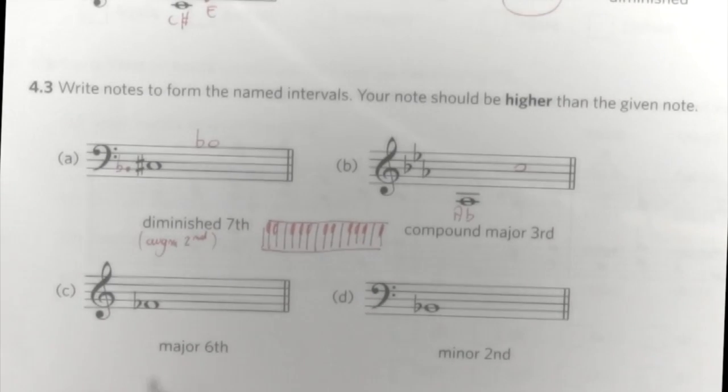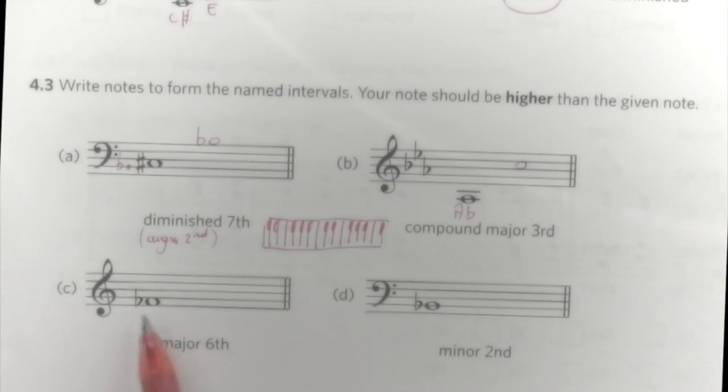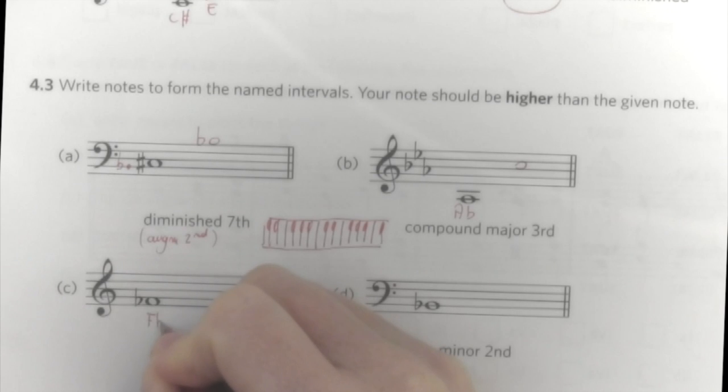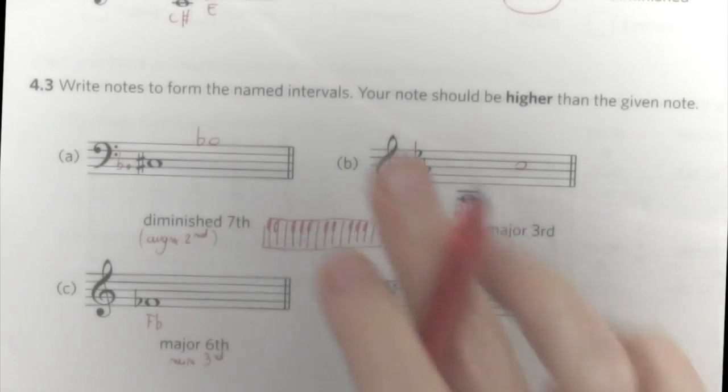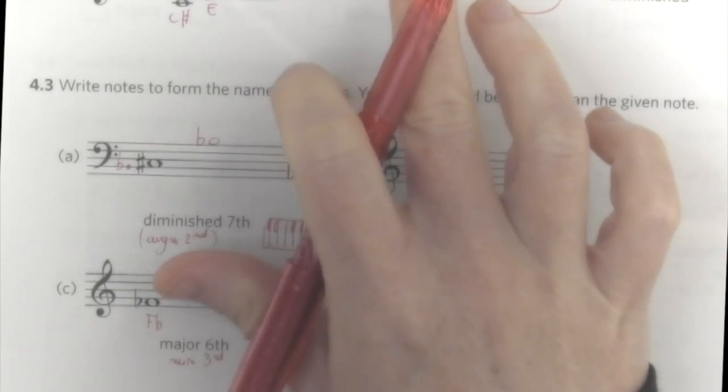Let's carry on. We have Fa flat, weird, a major sixth from it. What do we do? We write a minor third from Fa flat downwards. So Fa is here, Fa flat, okay, first of all the name of the note, Fa, Mi, Re.